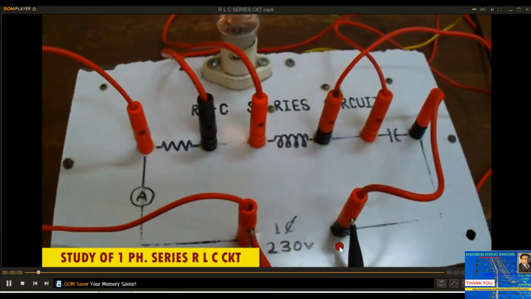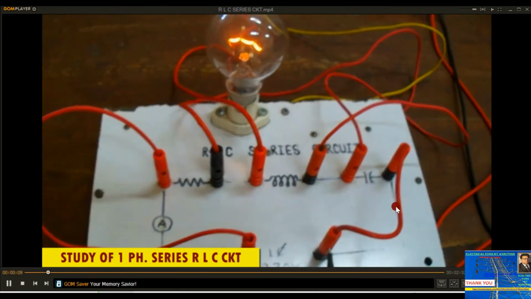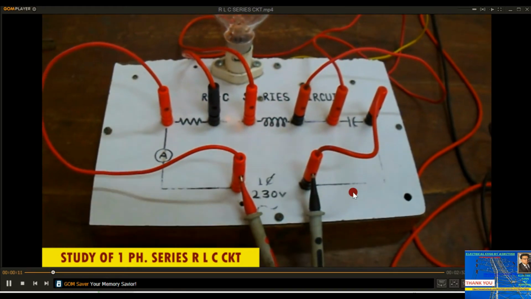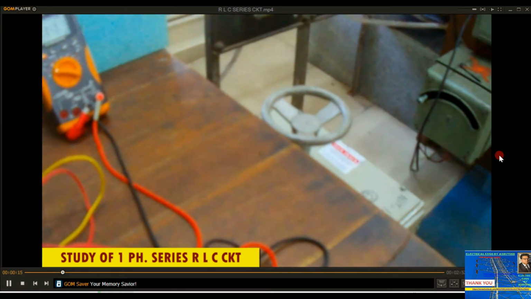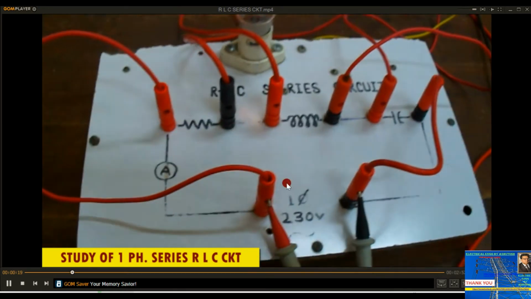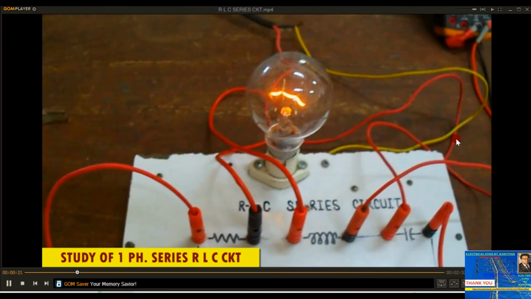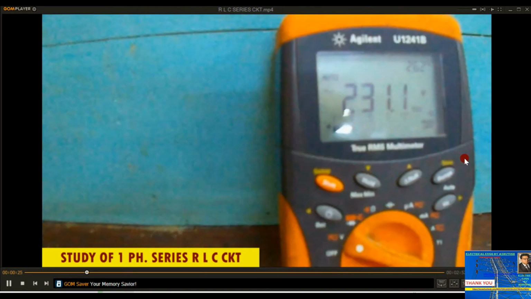And then we are measuring the different voltages across each component. See here, what is the reading of VR? You can see this is the multimeter which is measuring. This is the resistive lamp load.